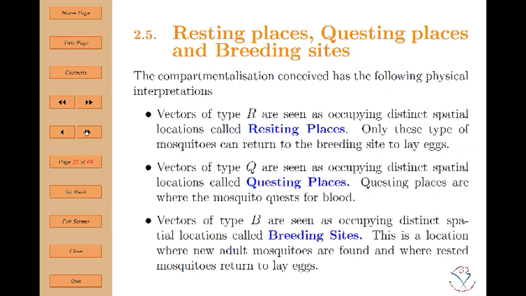And so in this framework, we have three locations where we can target mosquito control: the place where they are resting, the place where they are questing, and the place where they are breeding. And it's an important distinction from the framework that has been used before to model mosquito populations.